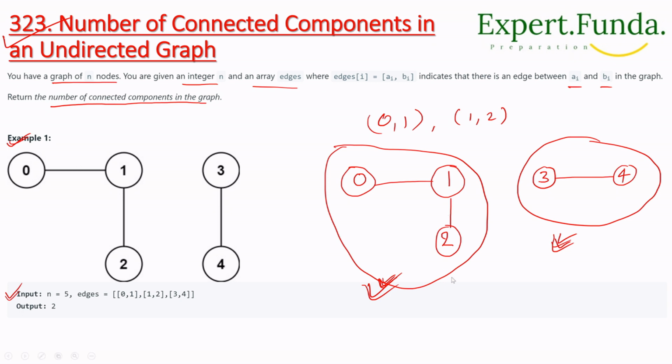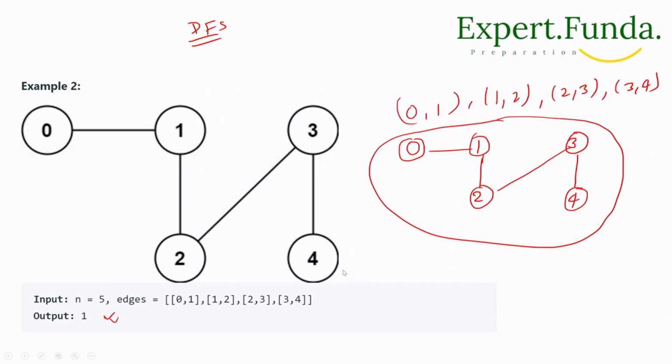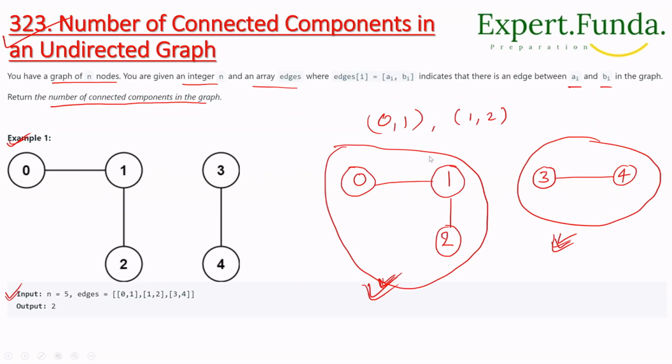Both of them, either this one or this one, are subgraphs. Each pair of vertices is connected via a path.